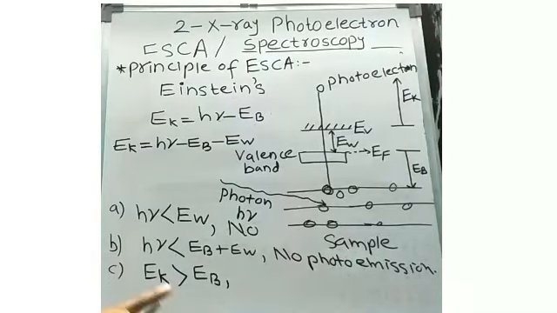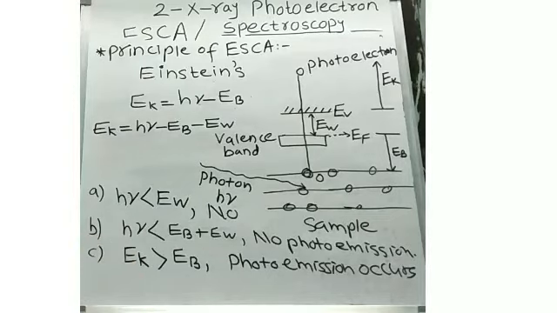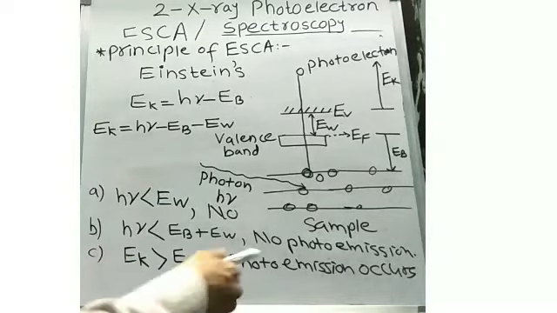As the energy is greater than the binding energy, the electron will eject and photoemission will occur. Now you are seeing the figure on the screen, a figure of atomic number versus binding energy.